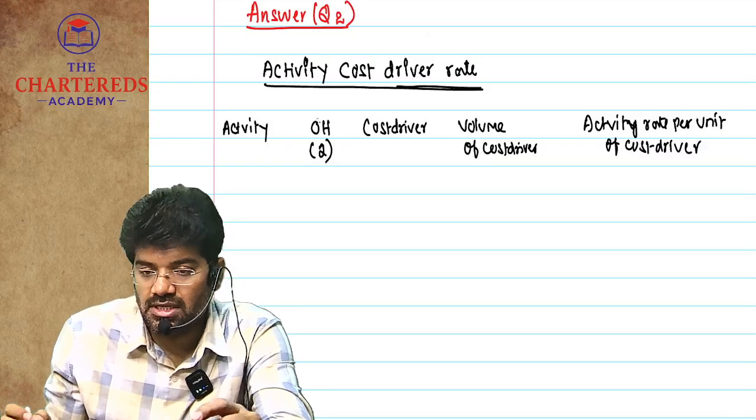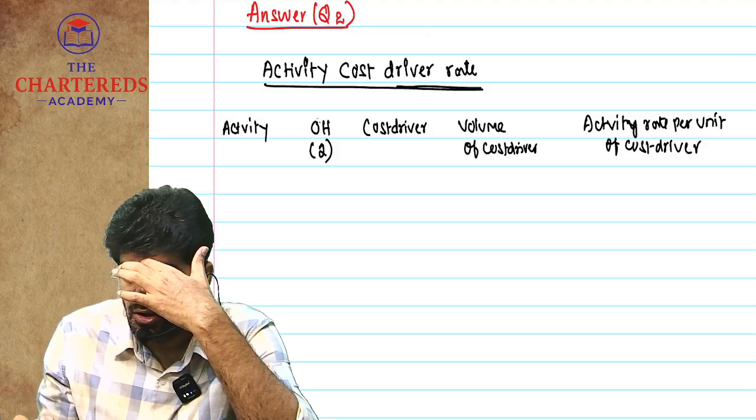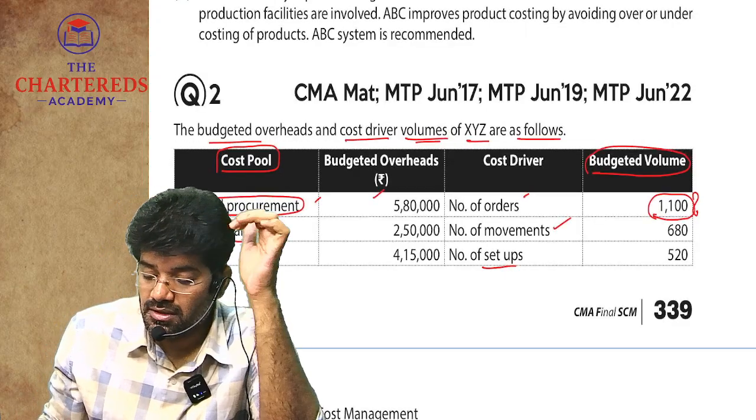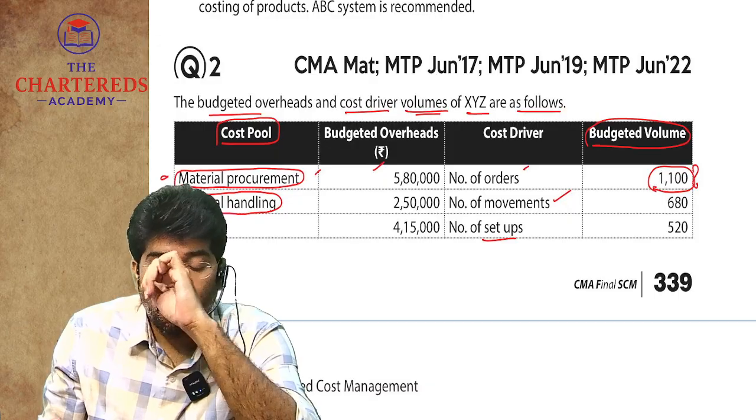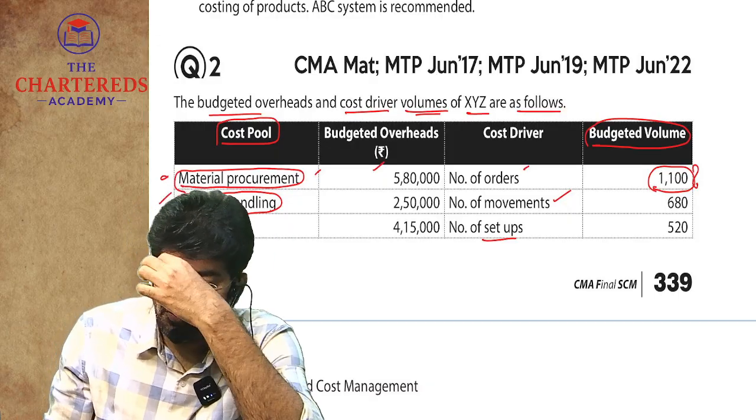So the first activity they have given is order material procurement.